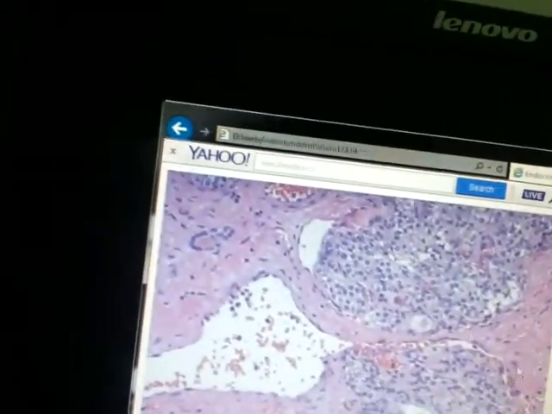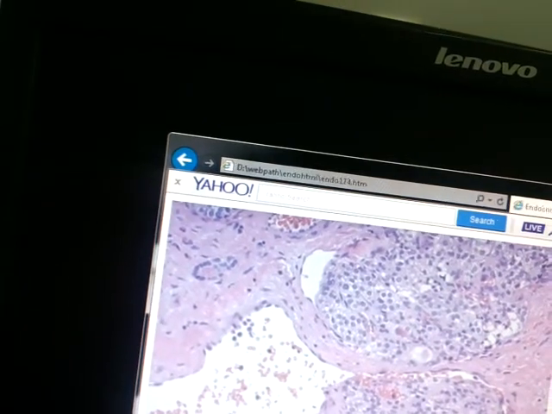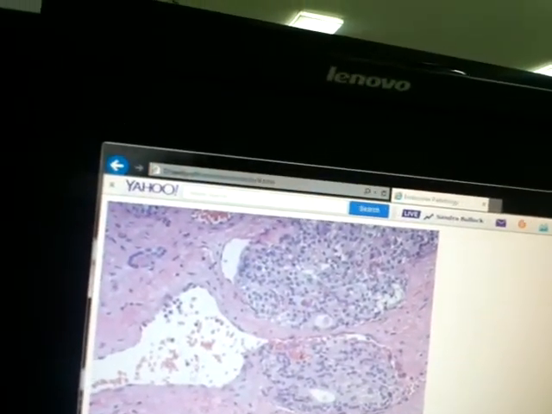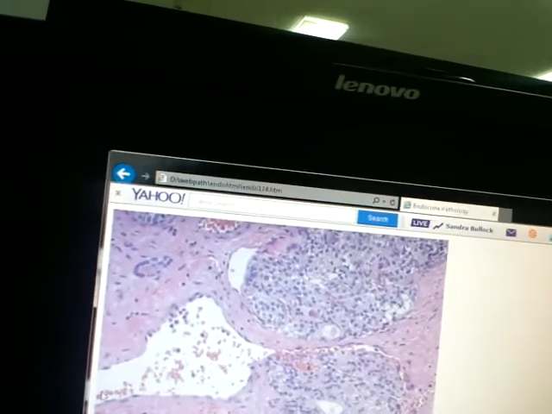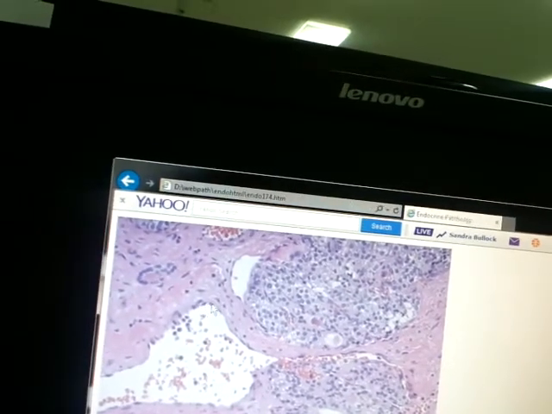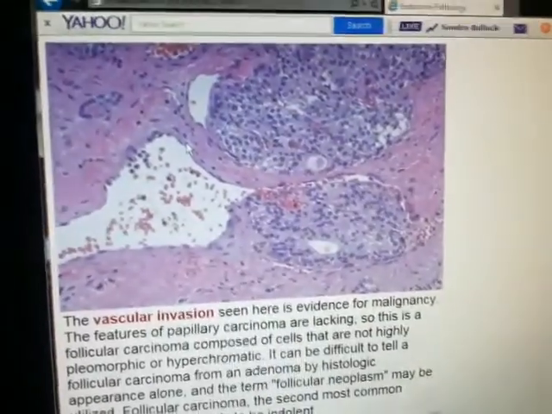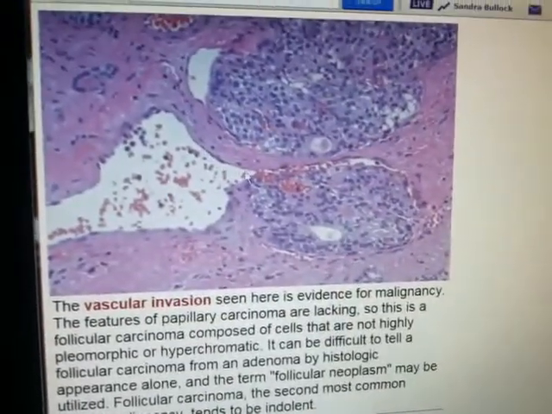Here is a vascular invasion. These are malignant cells within the blood vessel. This is a blood vessel. How do we know this is a blood vessel? It's a space containing red blood cells and lined by these flat endothelial cells.